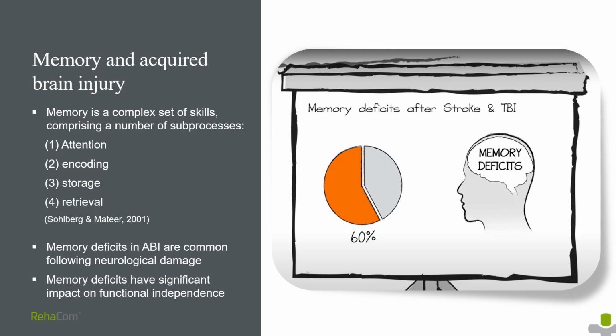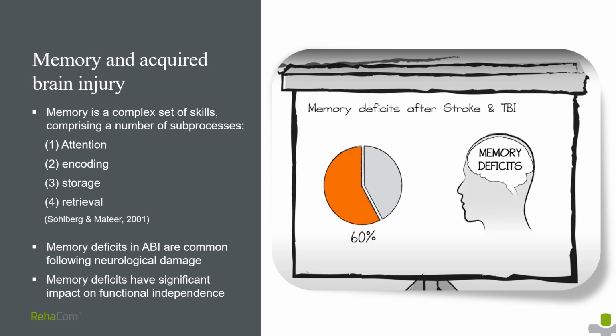On average, 60% of patients with an acquired brain injury suffer from memory impairment. The majority of acquired brain injury is caused by traumatic brain injury and hemorrhagic or ischemic stroke. Within the TBI population, the percentage of people suffering from some form of memory impairment ranges from 20 to 80%, depending on the severity of the head trauma, the time of measurement and the instruments used.